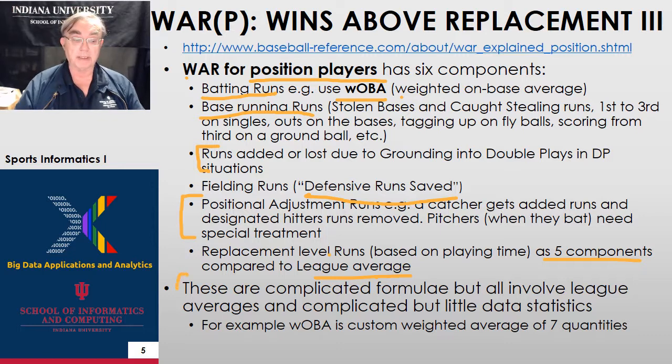Notice these are all messy formulas, like wOBA, a pretty messy formula, and they're all based on the so-called little data. wOBA is this custom weighted average of 7 quantities, and we have different ways of doing WAR, with different ways of doing pitchers and different ways of doing batters, and you just have to study it, and I'm not an expert.